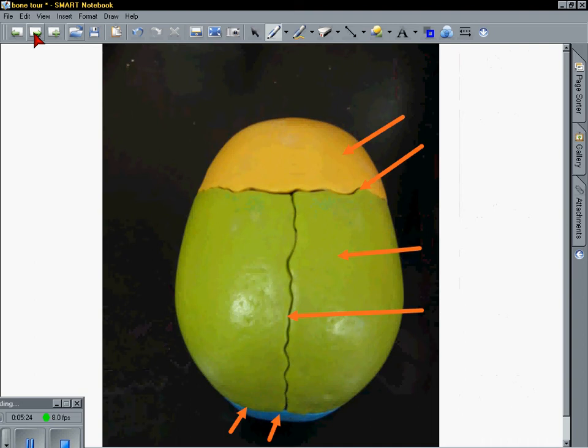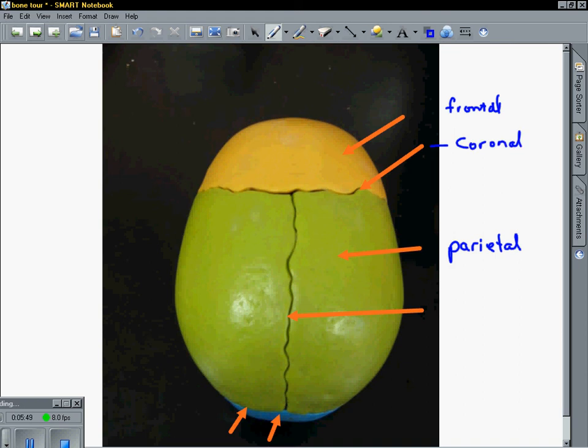Here's the skull from a top view, above the skull looking down, because you don't have a picture of that in your lab manual. Let's label some of these parts. We have the gold bone on the front, the frontal bone. We have the green bone called the parietal bone. We have the suture in between the two, known as the coronal suture.